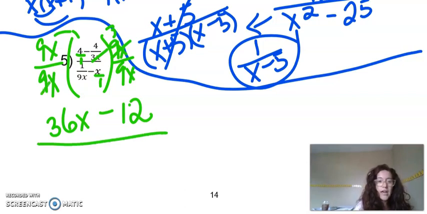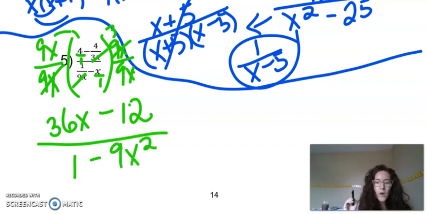Down here, 9x crosses out with 9x, so this is just 1. And then over here, I have x times 9x. Nothing's crossing out. I have 9x squared.